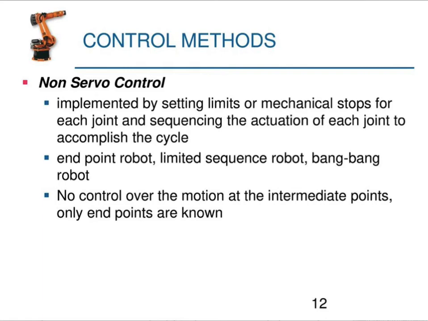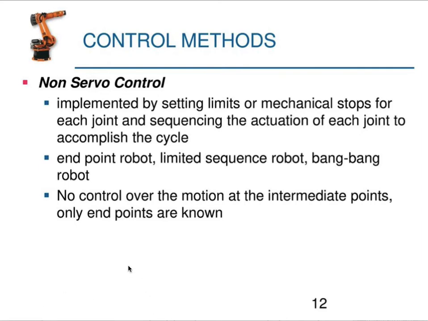Depending on the level of sophistication of the robot control, some controls are classified. We have limited sequence control, playback robot with point to point control, playback robot with continuous path control, and intelligent robot control, isn't it?